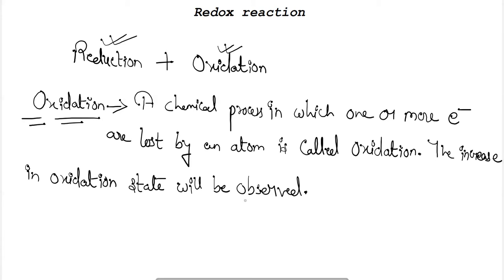A chemical process in which one or more electrons are lost by an atom is called an oxidation process, and an increase in the oxidation state will be observed there.